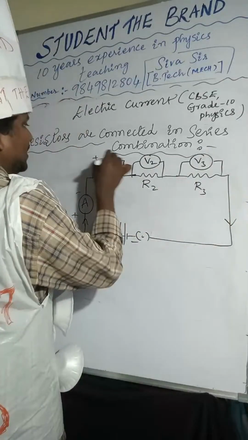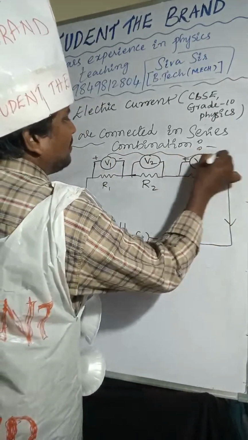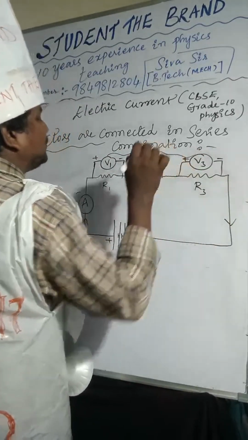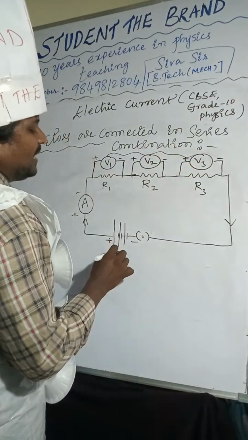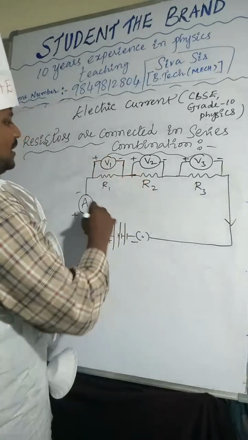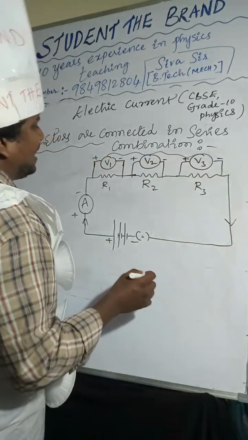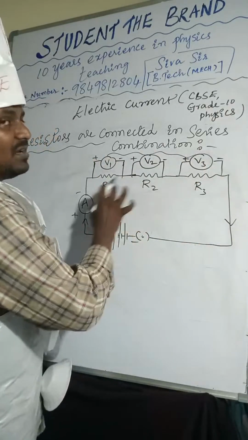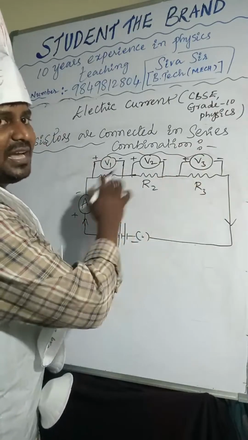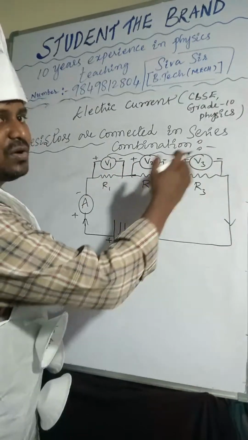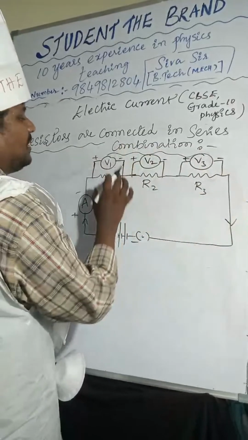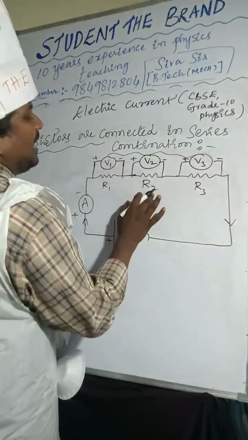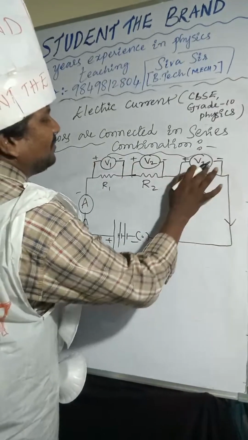Here are positive and negative terminals, and I am taking the battery, with current passing from the positive terminal to the negative terminal. So the potential difference is measured by voltmeter V1 across R1, V2 across R2, V3 across R3, right?